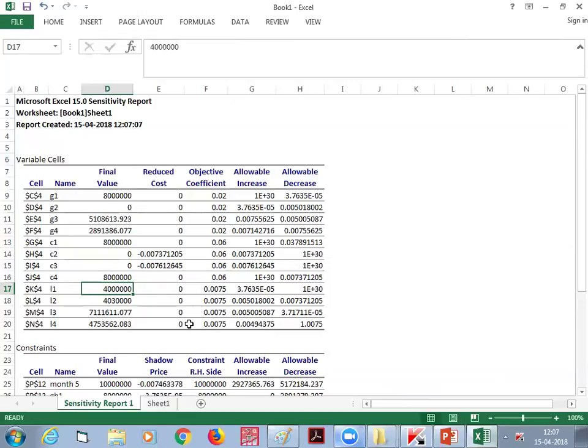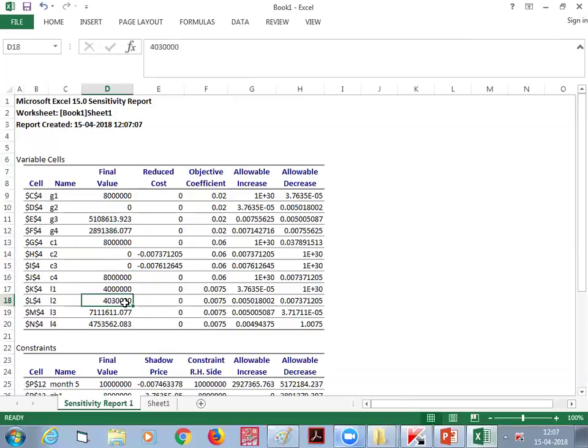Yes, 4 million in local loans. Then second month, don't invest in either. So whatever we've got will earn interest, and that has come as 4,03,000, 30,000.